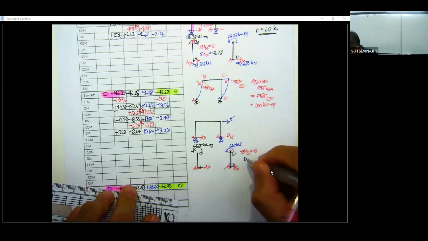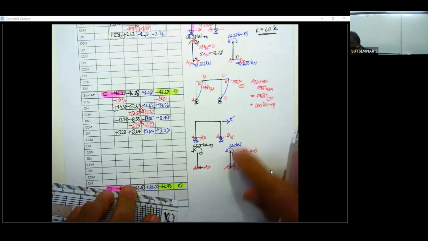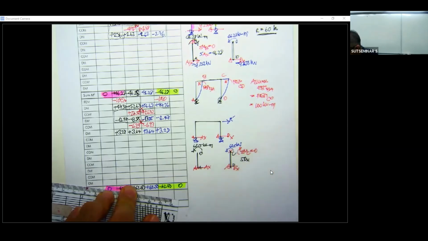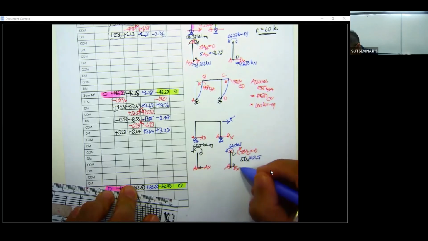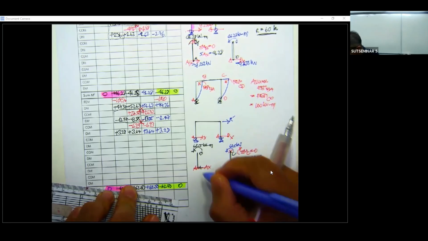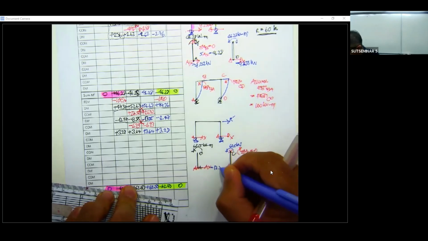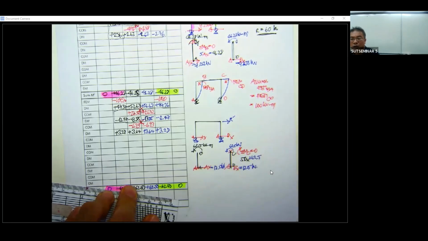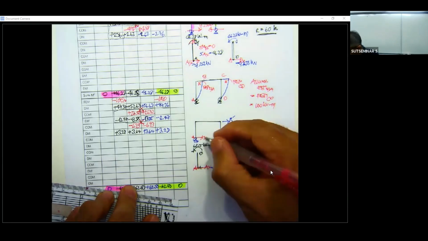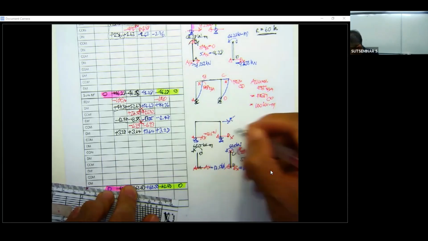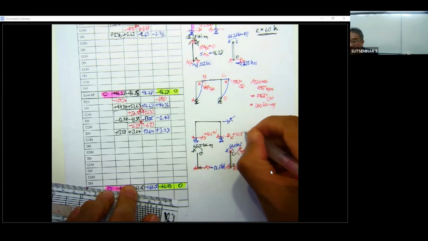Your D sub x going to times 5 rotate in this direction, and it's going to be 62.5. So your D sub x going to be 12.5 kilonewton, and this one also going to be 12.5 kilonewton. So this is 12.5 kilonewton. This is 12.5 kilonewton.